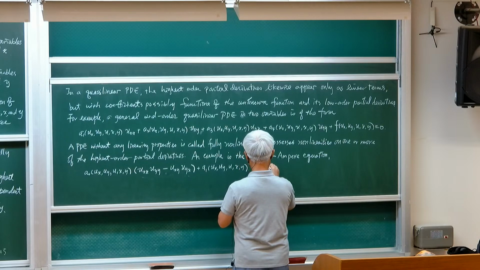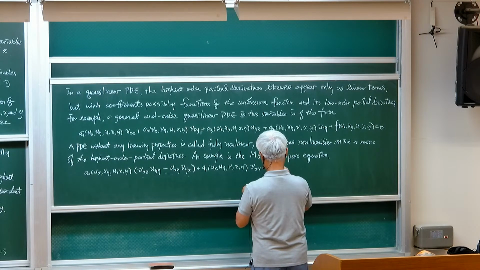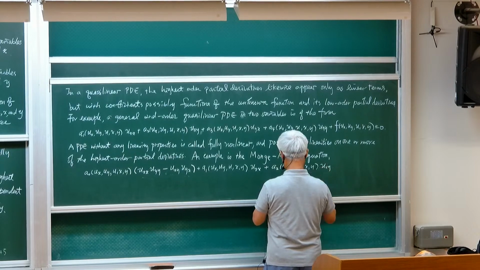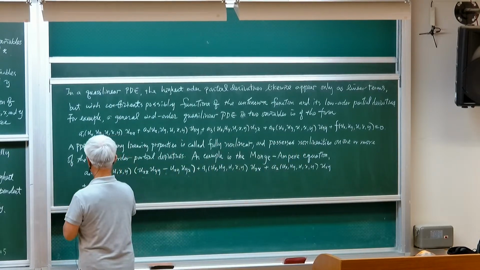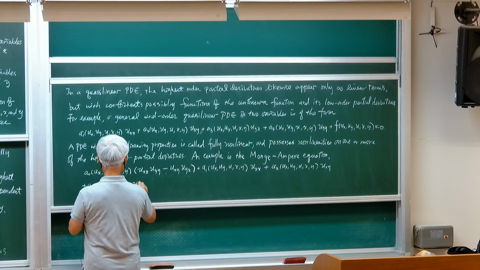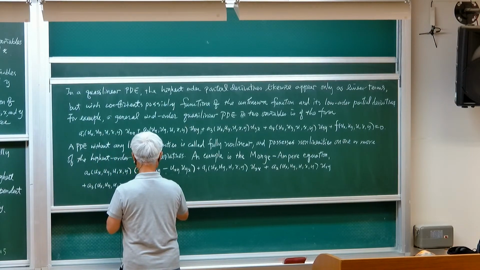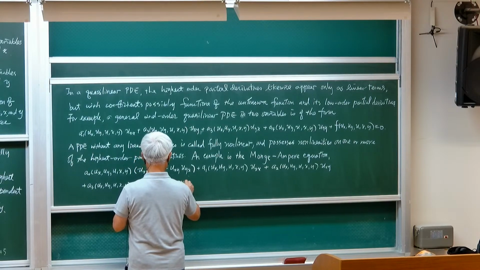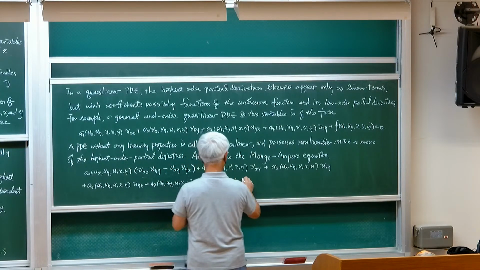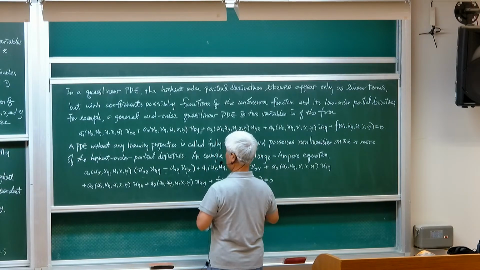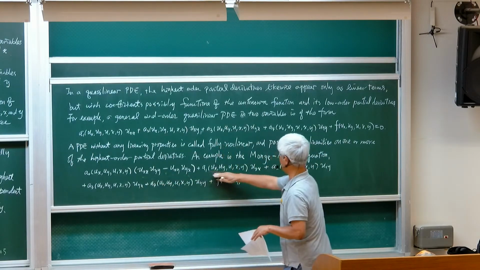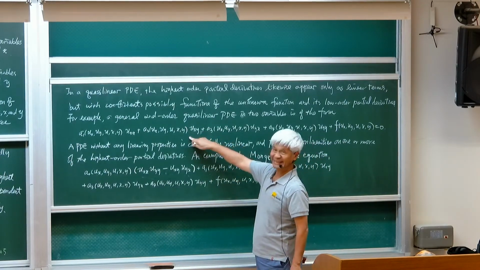As well as the terms a1 u_xx plus a2, plus a3, plus a4. Alright, so for the rest of the terms, you can see there are terms that appear in the quasi-linear PDEs, right?